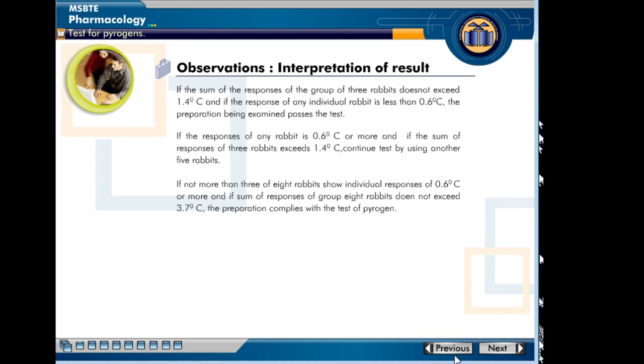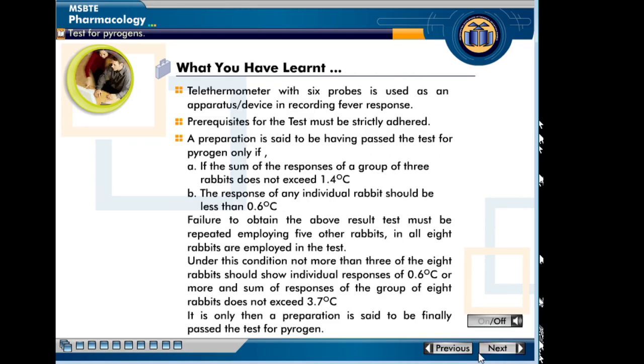You have learned that a telethermometer with 6 probes is used as an apparatus to record fever response. Prerequisites for the test must be strictly adhered to. A preparation is said to have passed the test for pyrogen only if the sum of responses of a group of 3 rabbits does not exceed 1.4 degrees Celsius, and the response of any individual rabbit is less than 0.6 degrees Celsius.